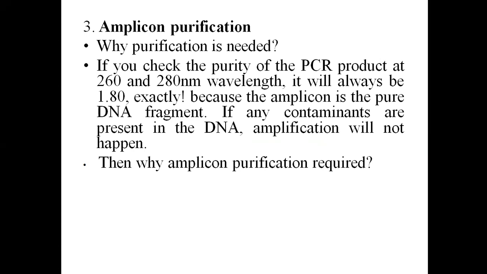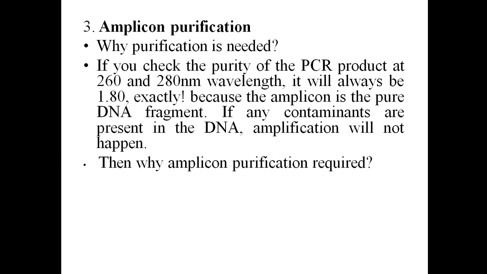So why do we go for this purification, when we already decided it is good quality DNA by getting the ratio of 1.8? Because if any contaminants are present, amplification will not happen.